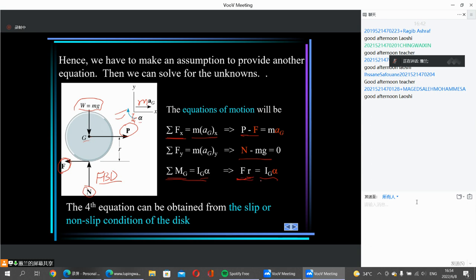One more thing: somebody may say, I don't like to write down the moment about point G. It's okay, you can choose this point as A, and sigma MA equals Ig alpha plus, never forget, when you calculate the moment about point A, except Ig alpha, the m ag will also have a moment about point A. So Ig alpha plus m ag times R. Accordingly, from the FBD, the force P has moment about point A, right?